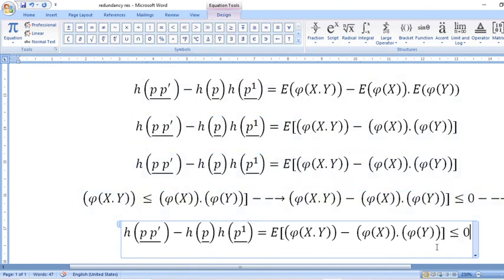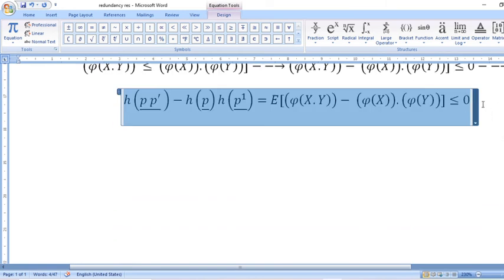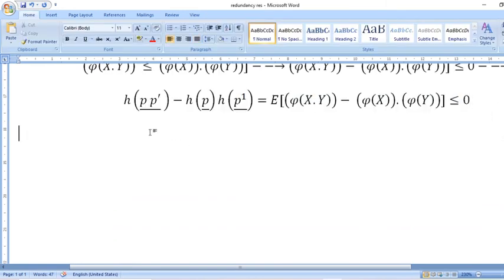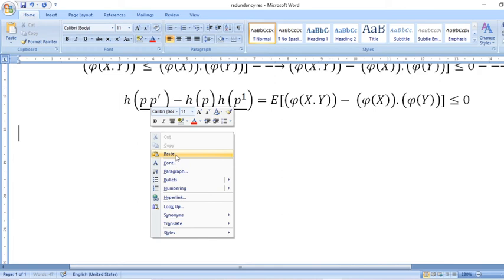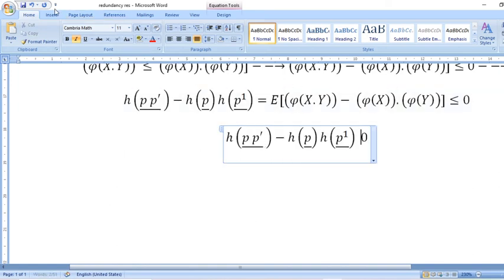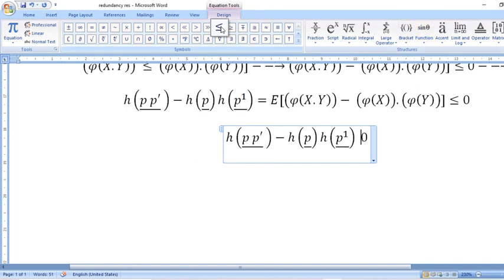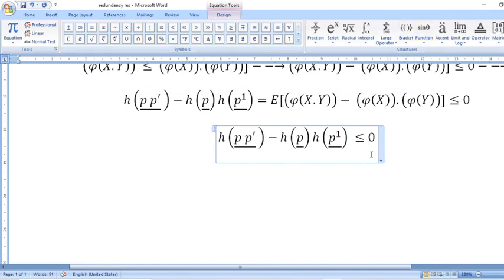Right. So automatically left side will be less than or equal to 0. So just keep the left side only. Less than or equal to 0.